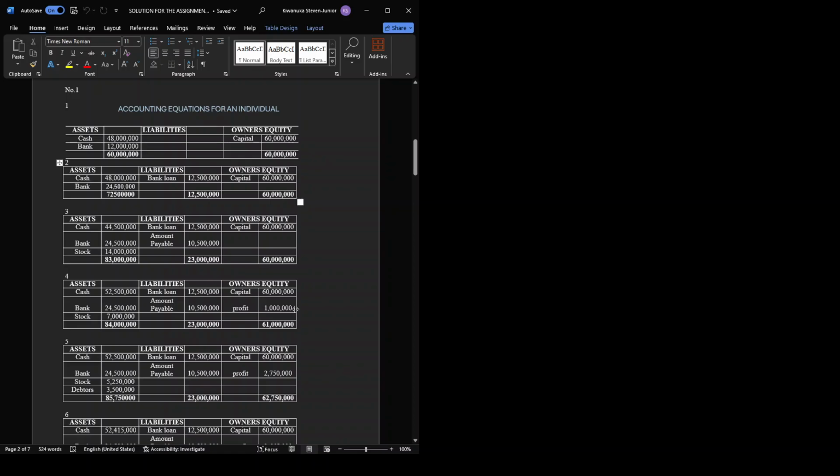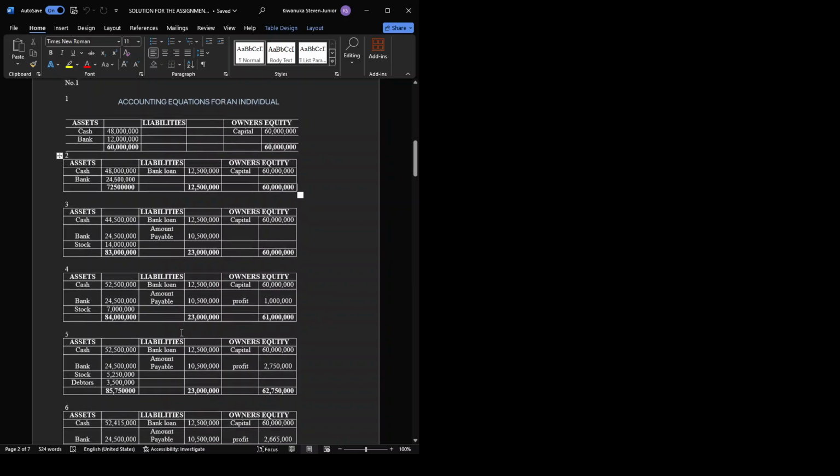So he made a profit of 1 million. So you add profit plus capital, and you get this. So when you add this and this, liabilities and owner's equity, they should be equal to the assets.